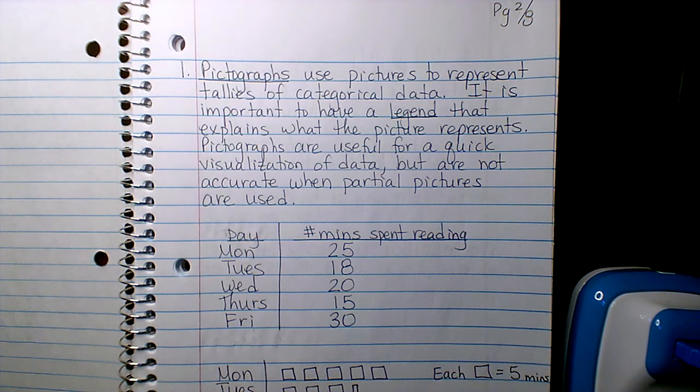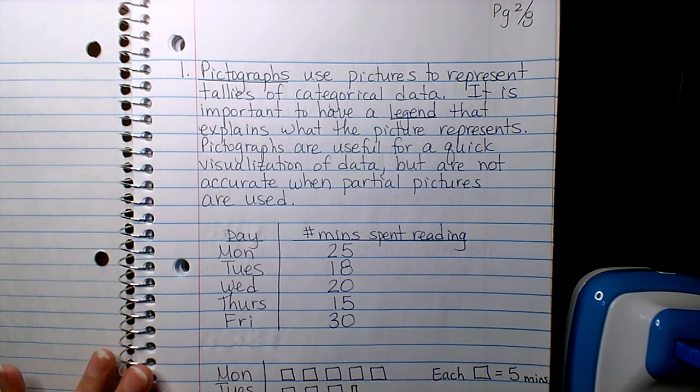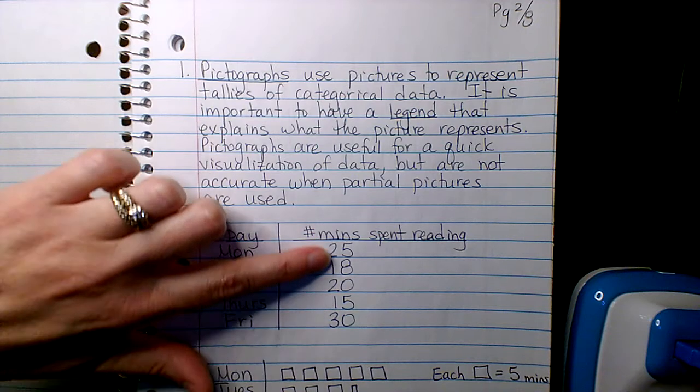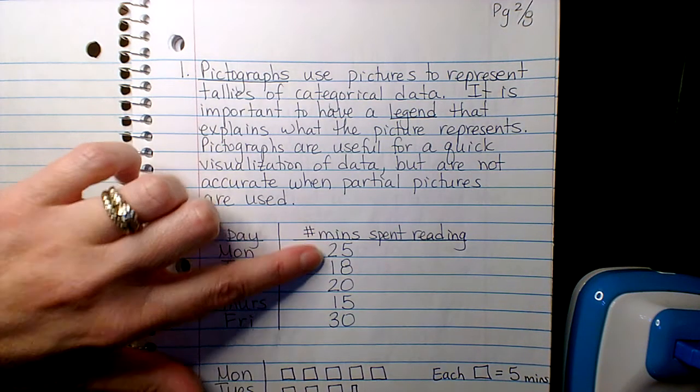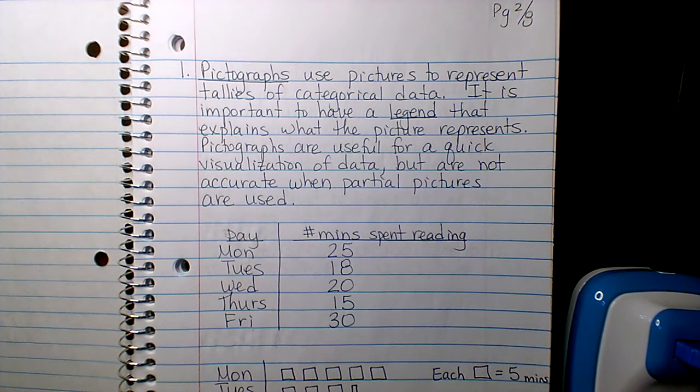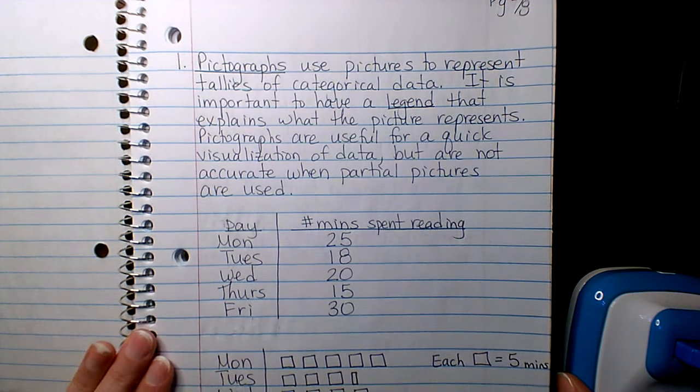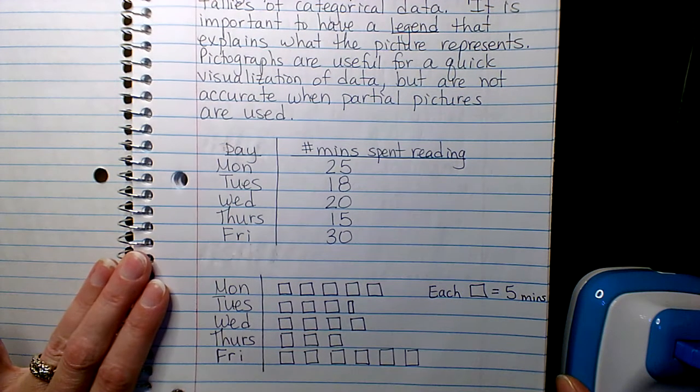So I went ahead and drew a pictograph to go with this scenario. So I've got days of the week and the number of minutes spent reading. So this would be a good pictograph for kids to be able to draw on their own. Looking at this, I chose to use a 5-minute increment to represent my little boxes here.